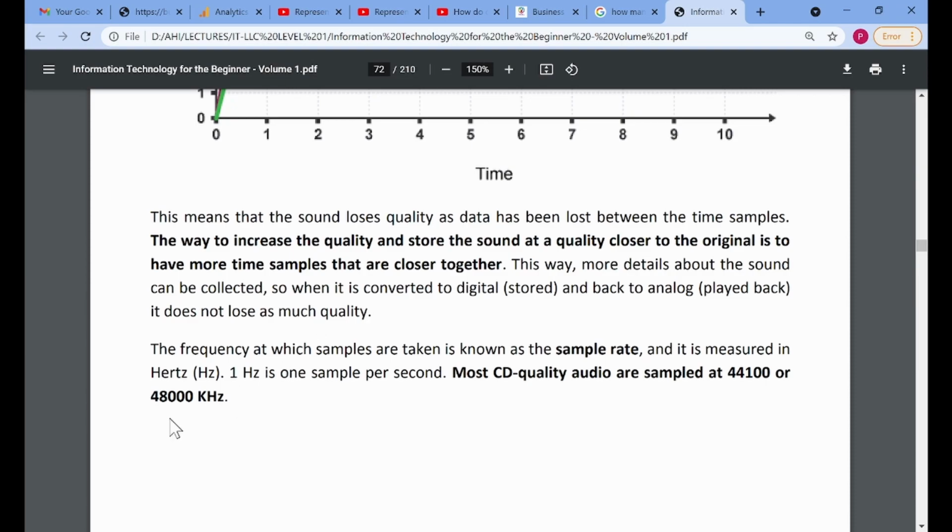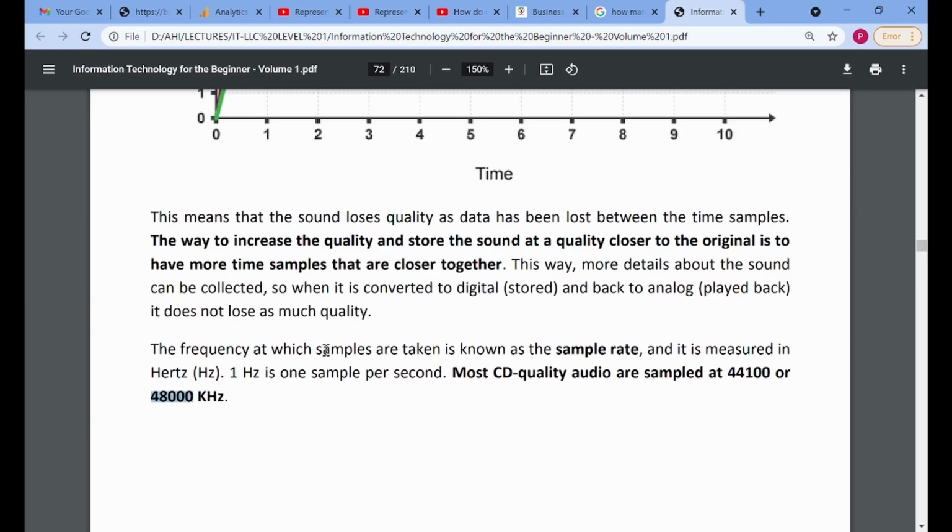Some record 48. Now, the frequency at which samples are taken is known as a sample rate. We talk about sample rate, and it is measured in hertz. 1 hertz is 1 sample per second. Most CD quality audio are 44,100 hertz or 48,000 hertz, not kilohertz, hertz.